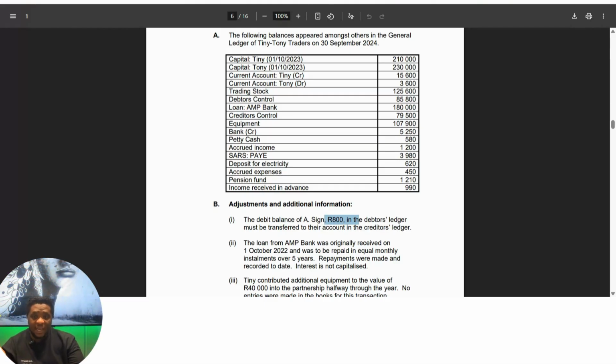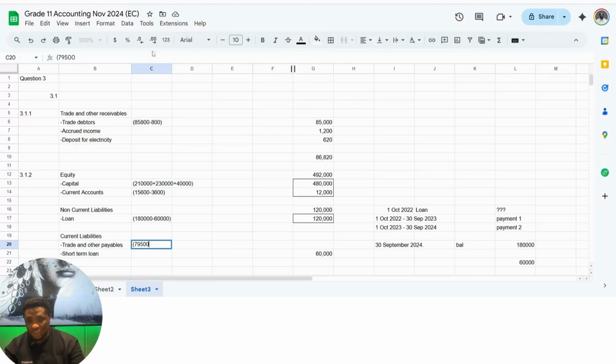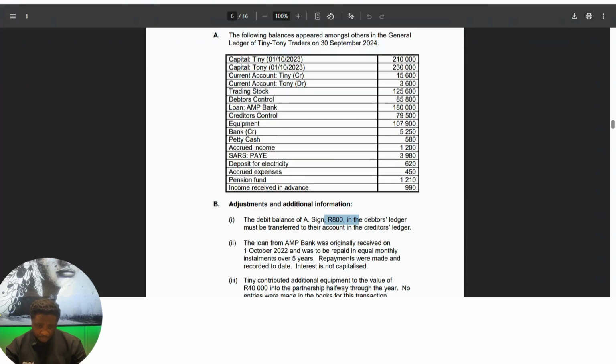A debit of 800 means that you're debiting a liability, creditors control, and a debit in liabilities means liabilities are being decreased. So we're going to start with that 800 and just subtract it. As you can see, we subtracted it on trade debtors as well. Now we have to subtract it when we're doing the trade and other payables.